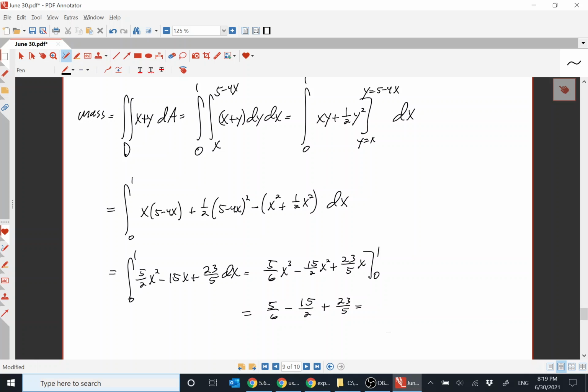The least common denominator of all of these is 30. So we have 25, and that's multiplied by 15. Minus 225 plus multiply that by 6, 120 plus 18, 138.